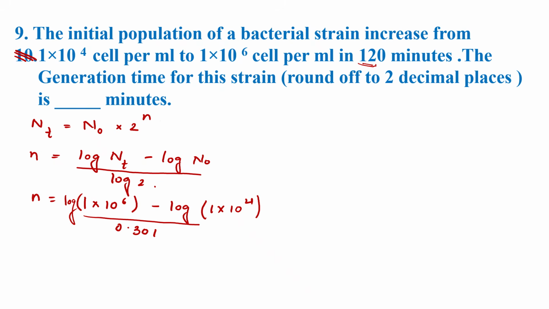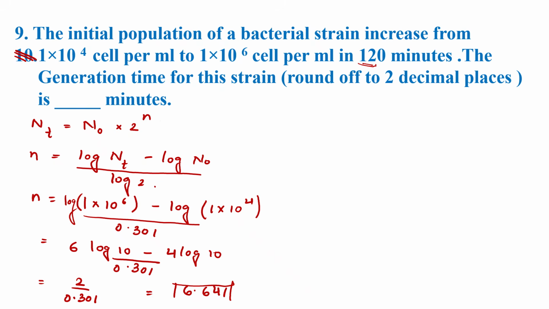So 6 log 10 minus 4 log 10 by 0.301, or 6 minus 4, that is 2. Log 10 is 1. So 2 by 0.301, which equals 6.641. Now this is the value of n we got.